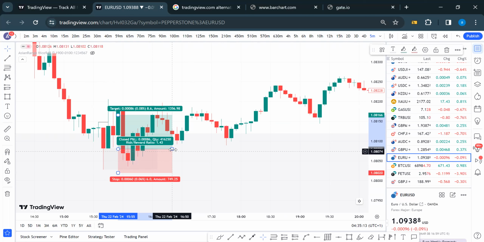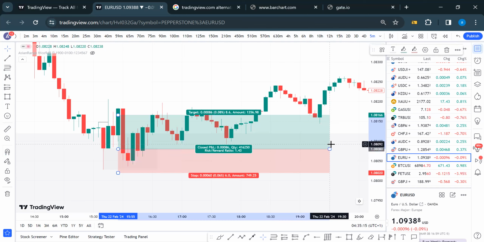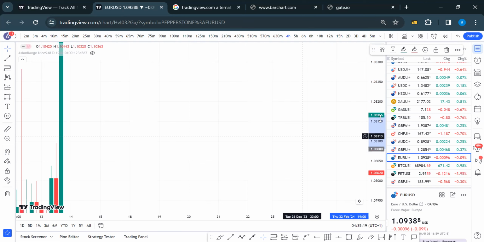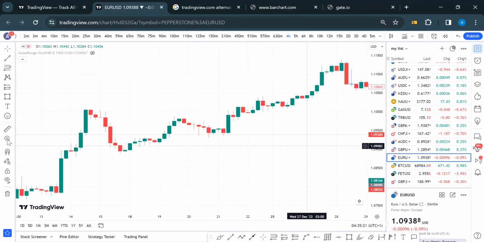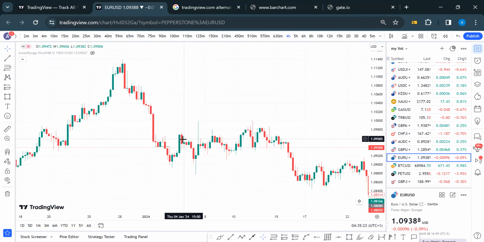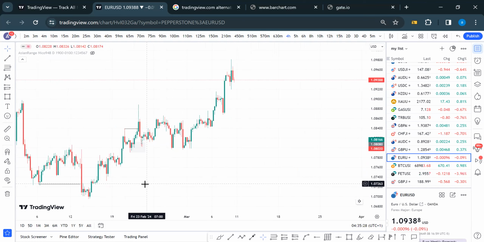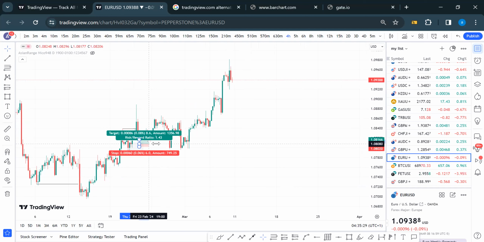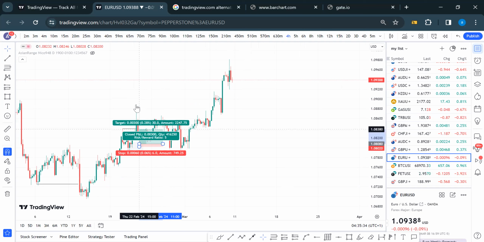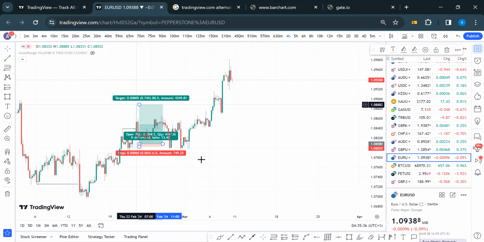Then to set your target, you go back to 4 hours. Then let's find that spot. So it's going to be it. Then you target the 4 hours high, which is here. This starts our trade.